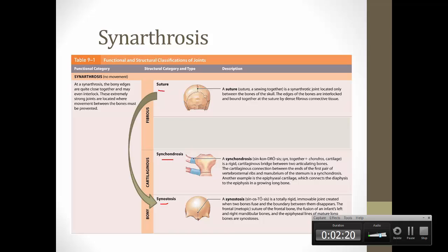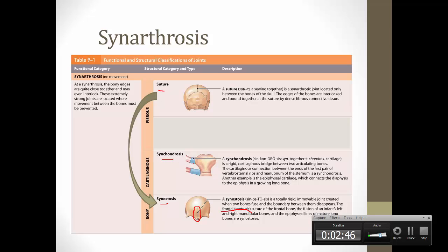When these sutures become a bone, when they ossify, we call this one synostosis. An example of that is the metopic or frontal suture, which ossifies, so it's no longer present. So we call that synostosis.